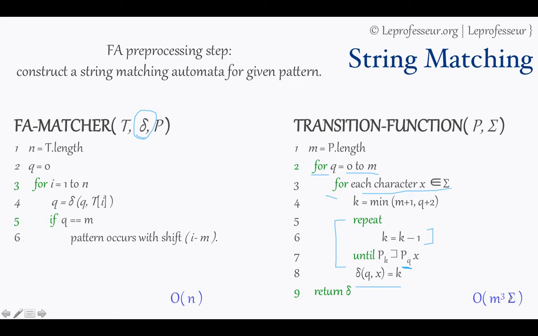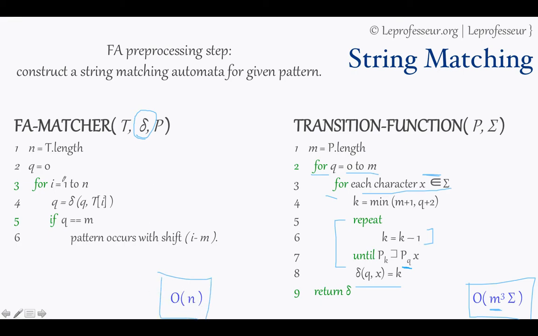So the complexity of this transition function is basically nothing but m cubed times the number of characters in your input alphabet. So the complexity of this algorithm to find the transition table for each state and input combination is in the order of m cubed and delta, while the string matcher is linear order.